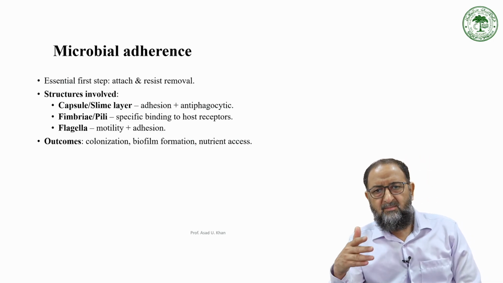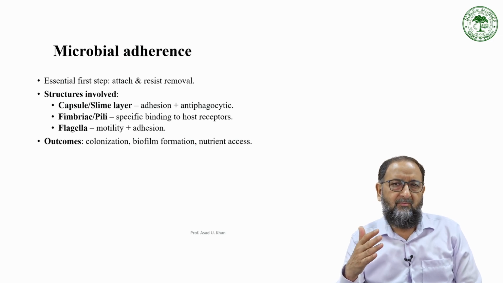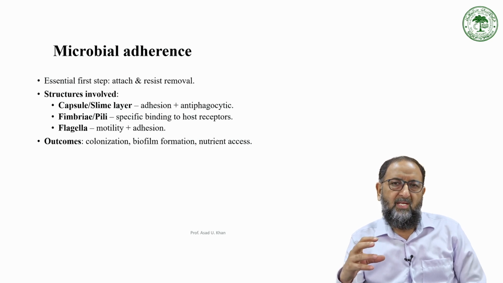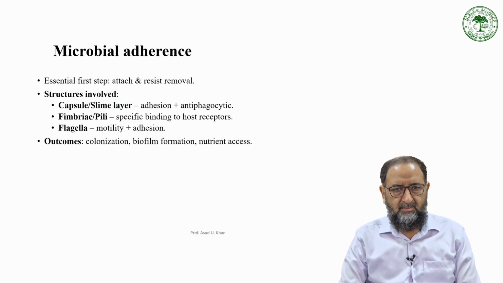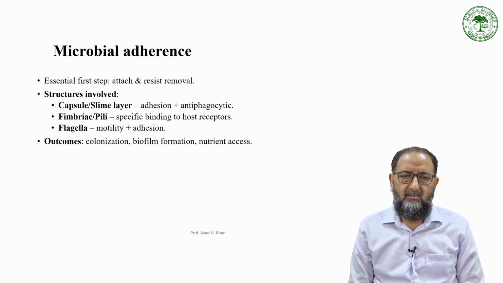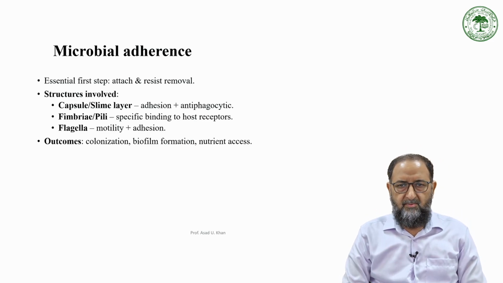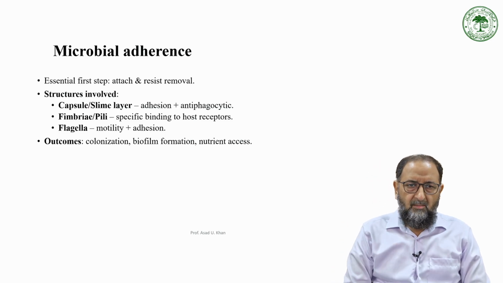So adhesion plus anti-phagocytosis. When phagocytosis is activated in the host system, it engulfs the bacteria and kills them. Whereas in the case of capsules and slime layers, they do not cause this phagocytosis. They act as an anti-phagocytic state.